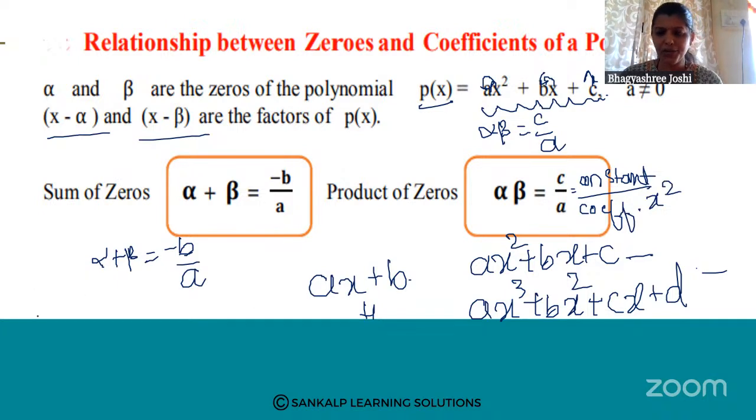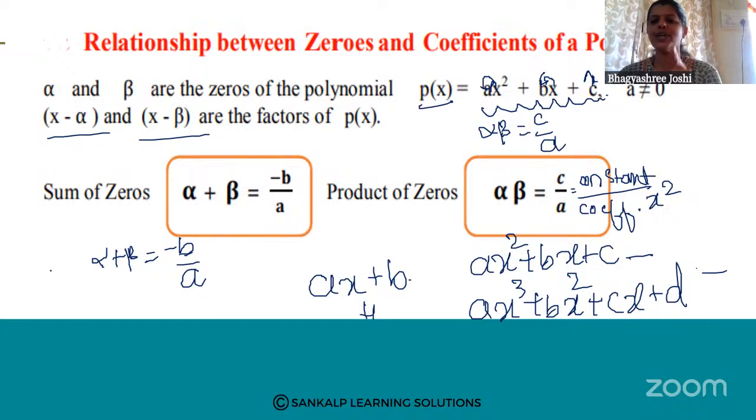Okay. Then for the sum of zeros, alpha plus beta, alpha and beta are the roots of the quadratic equation. A quadratic has two roots. Roots means what? It is zeros. So alpha and beta are the zeros of the quadratic polynomial. For a quadratic polynomial, how many zeros does it have? It has two zeros, right?